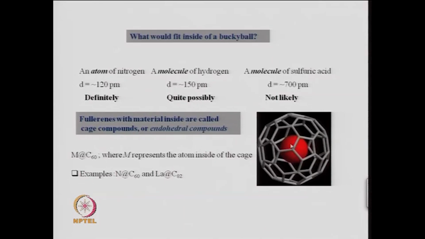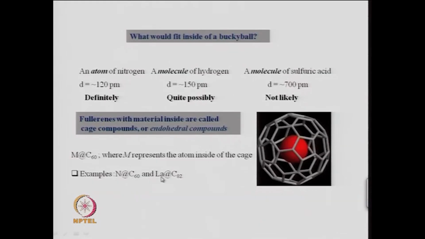Now, such molecules, like if you put nitrogen inside this C60 molecule, are called endohedral compounds, and these endohedral compounds are given by this formula, where M is whatever you have put inside the cage. So, if it is nitrogen, then you write N at C60, that means N is inside C60.